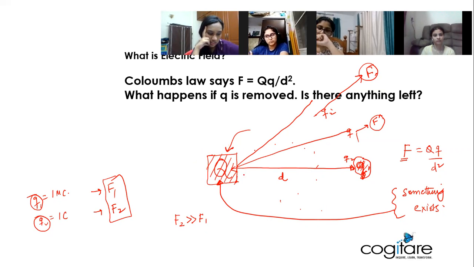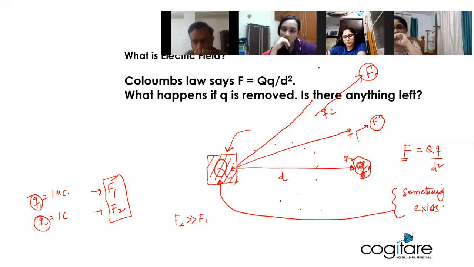And this is the example I've told you. I put a small charge, I put a big charge. Both of them are experiencing different forces. How do I describe this, whatever we discussed, with Q in picture? Like we discussed yesterday, if I have taken one fixed Q, the field lines are going to be constant, isn't it?